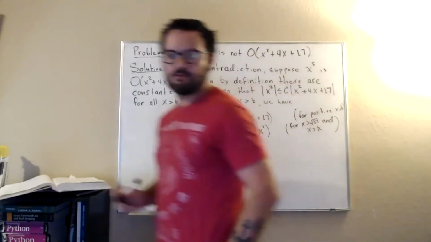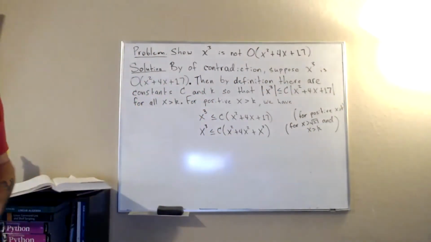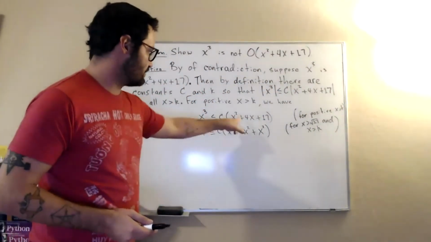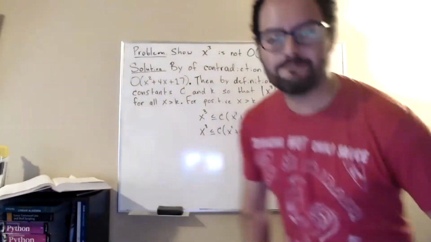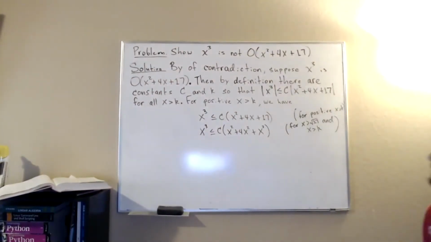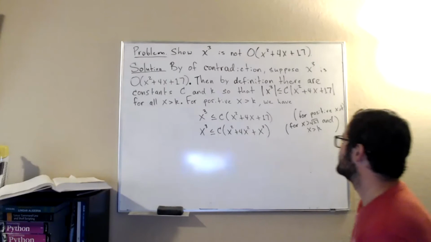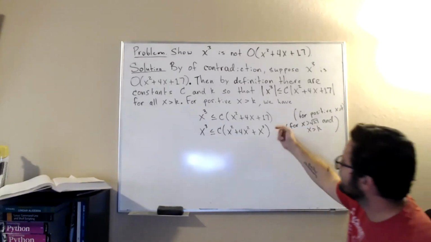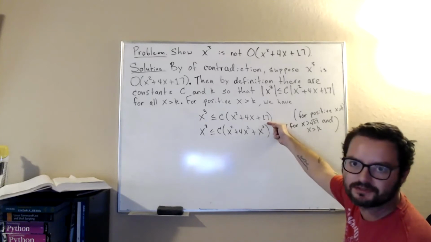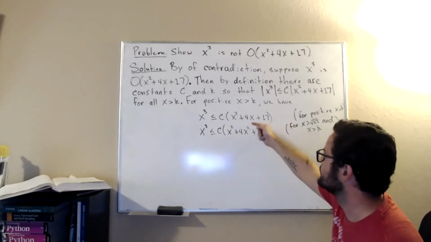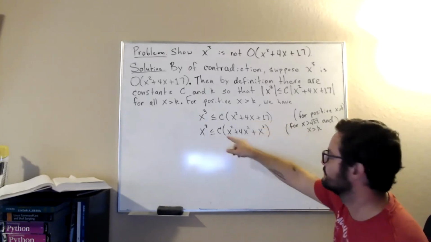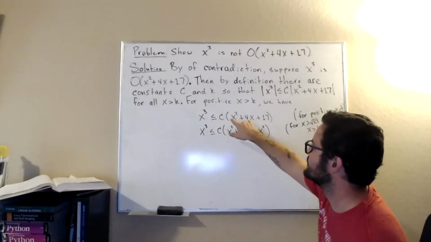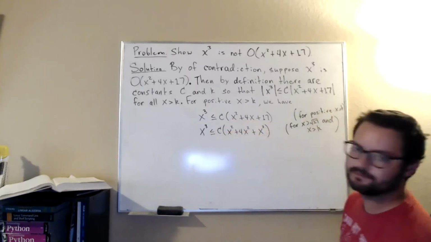Do you see why I can write this inequality from here to there? Right, because if x is greater than root 17 and greater than k, then x squared is greater than 17 and x squared is greater than x. So I can just say that this is less than or equal to this.